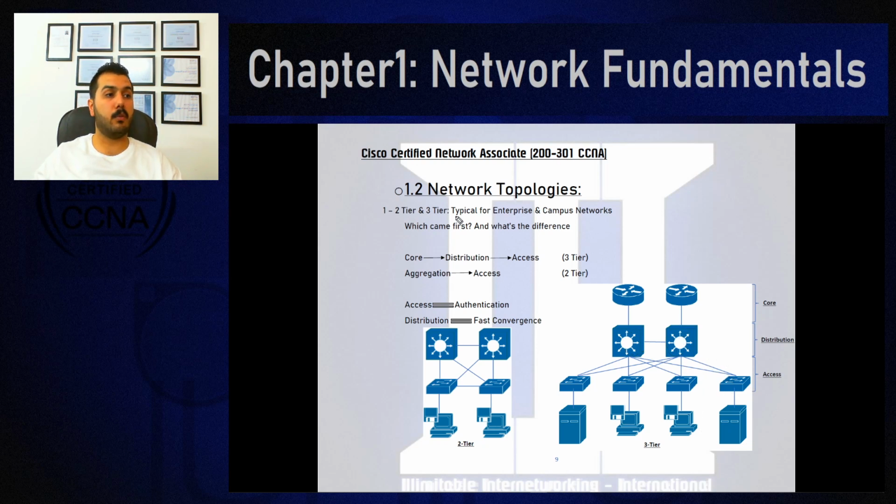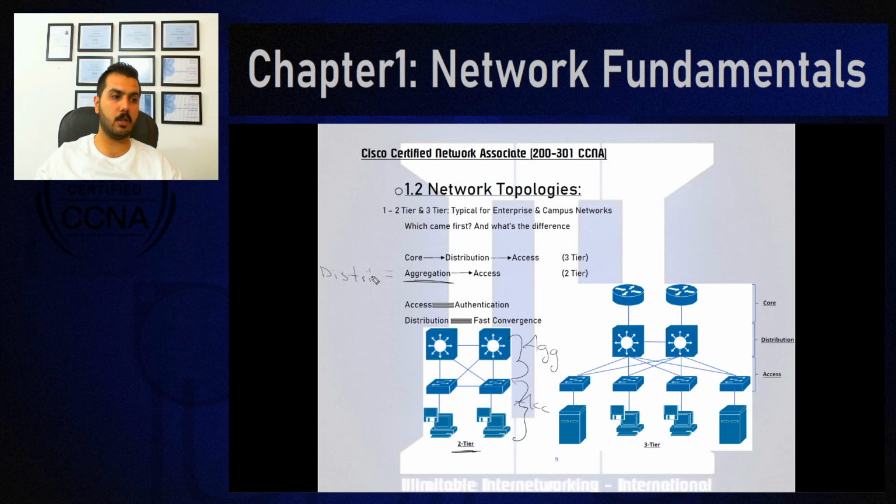This is the first of the two types, the 2-tier and 3-tier topologies. The second one is simpler and came after the 3-tier. It's called the 2-tier topology. In the 2-tier topology, we have the access, the layer 2, and after that a new term for the distribution, called the aggregation tier. Nowadays we can even call it the distribution, no problem.